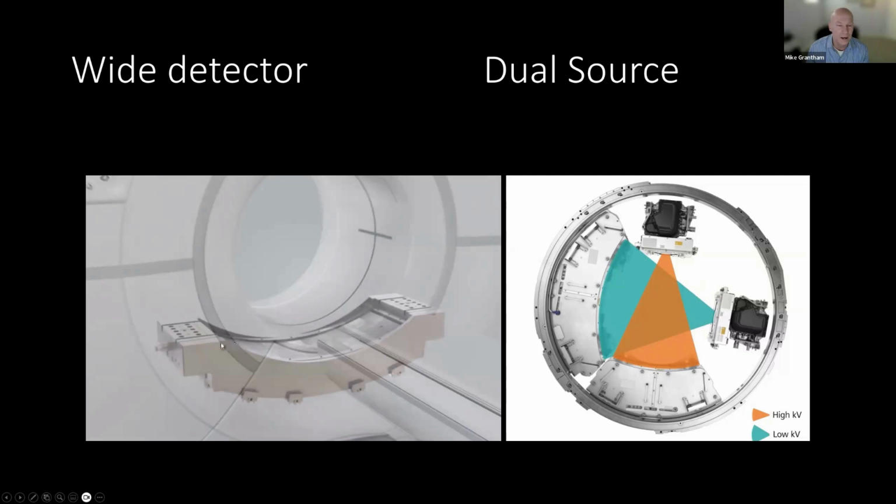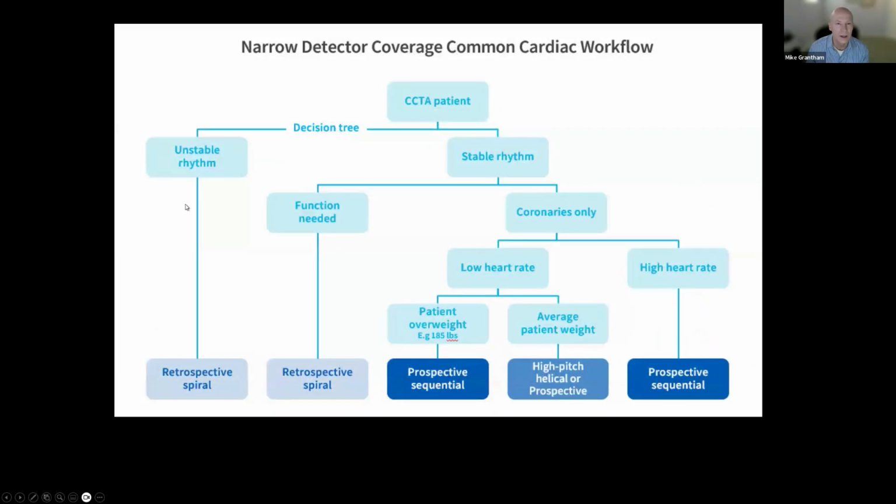And they both have their strengths and weaknesses. Narrow detector CTs, whether you have a dual source or a single source, it's a pretty complex decision tree. Are you going to flash the patient if you have a dual source?